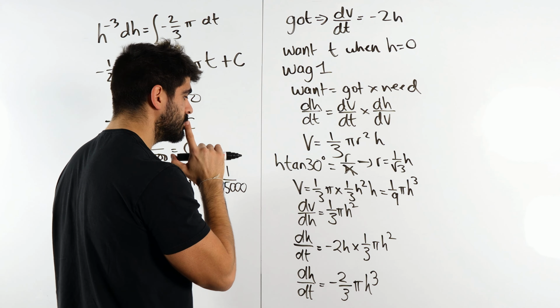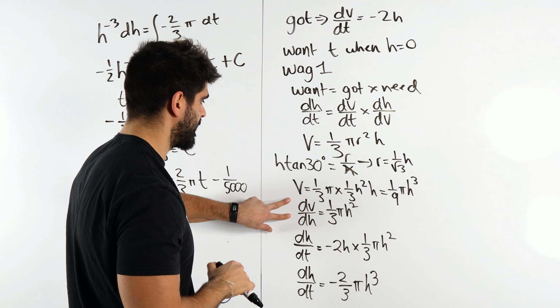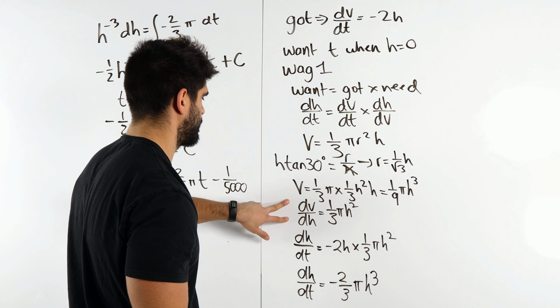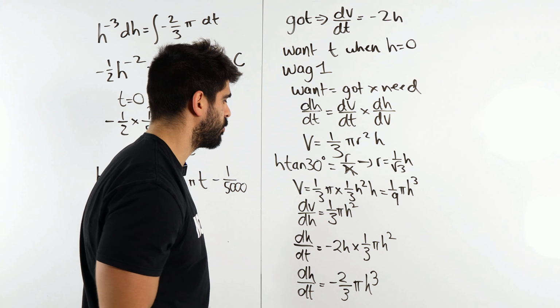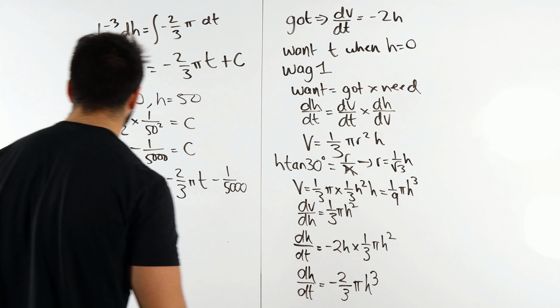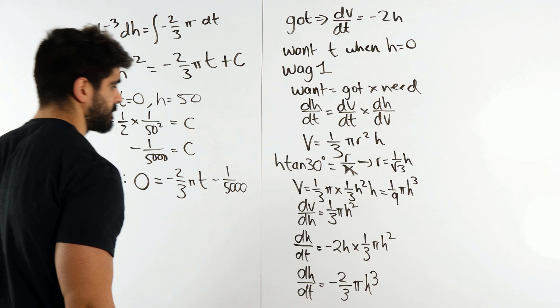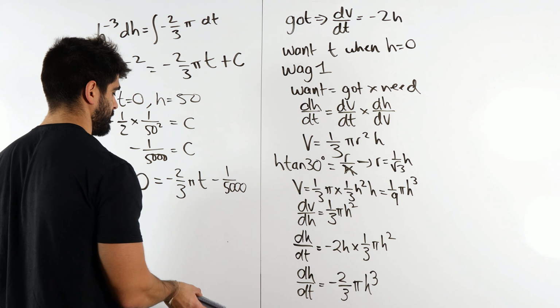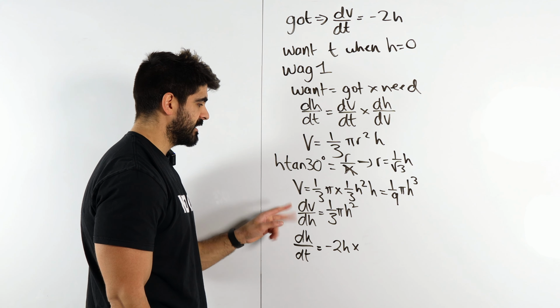Oh, no. Oh, damn. I didn't reciprocate it. So that should have been 1 over. Okay. I'm going to have to backtrack. So backing up, I need to reciprocate this.